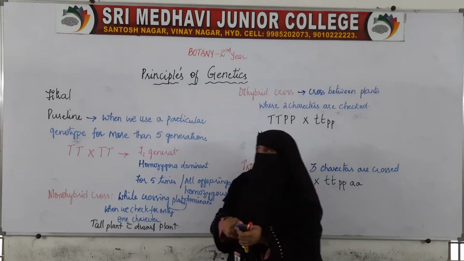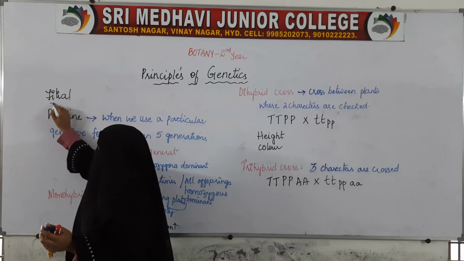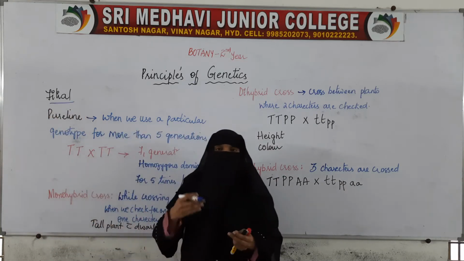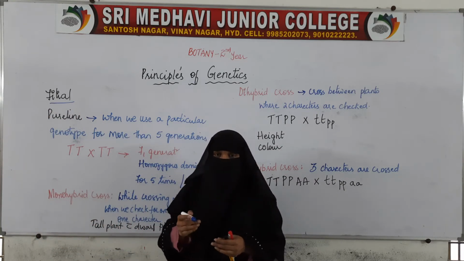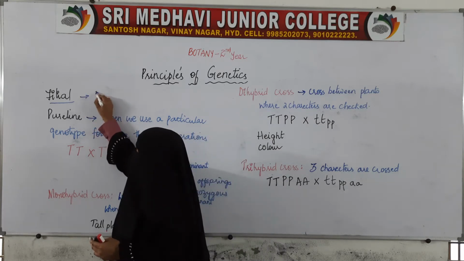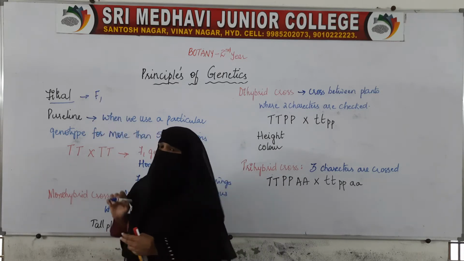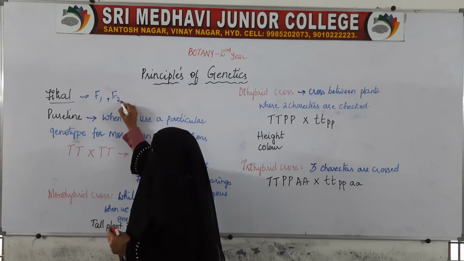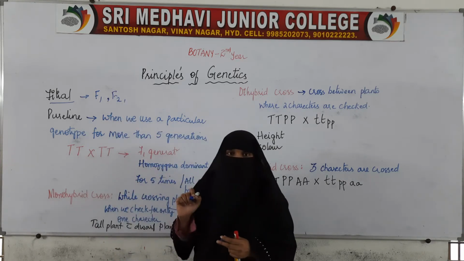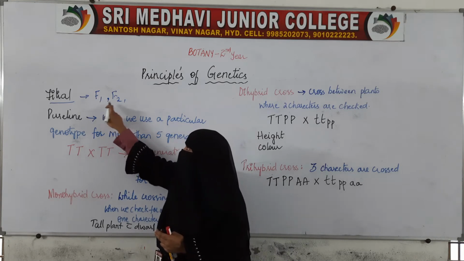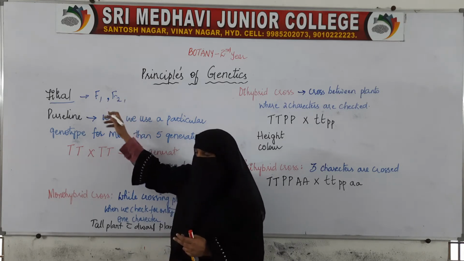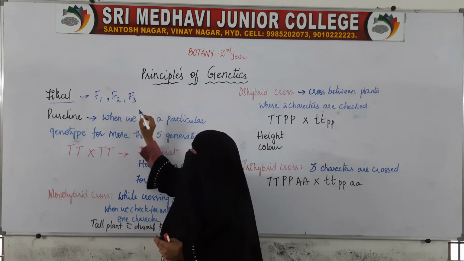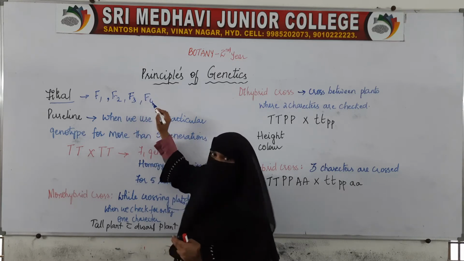The first is filial. When we hear the word filial, it means generations. If we write filial generation 1, F1 means first generation, F2 is second generation, F3 is third generation, F4 is fourth generation.